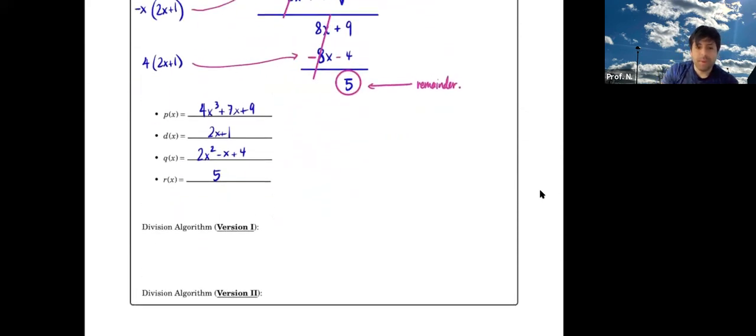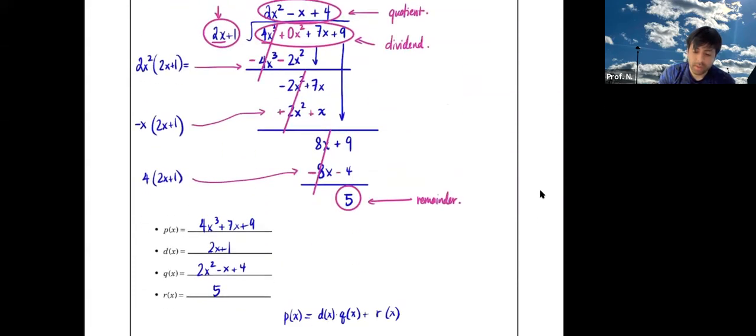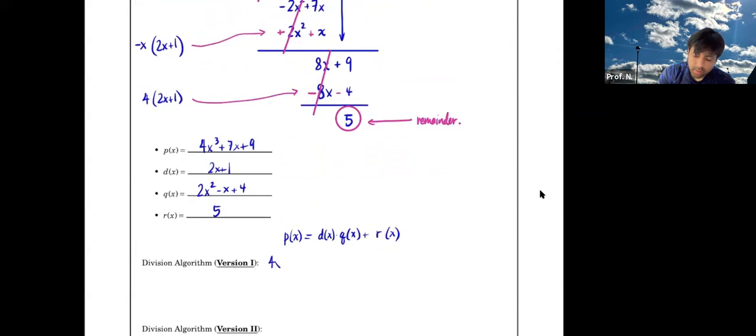And now we want to write the two different versions of the division algorithm. So remember the first version. What's the first version? The first version is P of x is equal to D of x times Q of x plus R of x. That's the first version. So I just have to write this out in this form. So I got 4x cubed plus 7x plus 9.